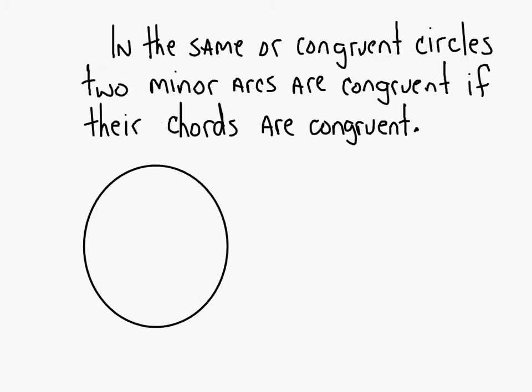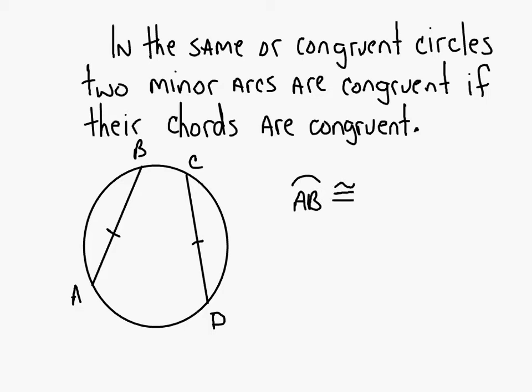you got a circle, and within that circle you could have 2 chords. And if chord AB is congruent to chord CD, then arc AB will be congruent to arc CD.